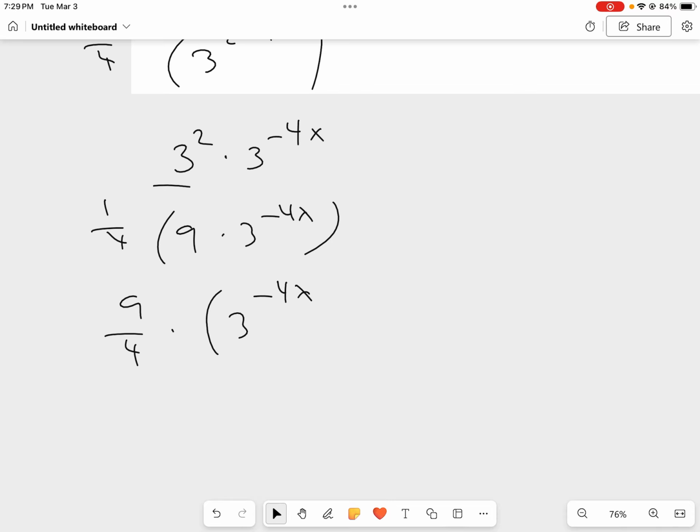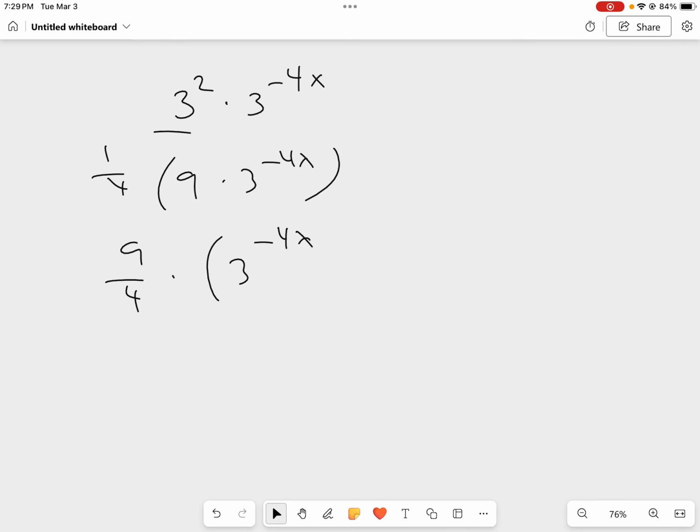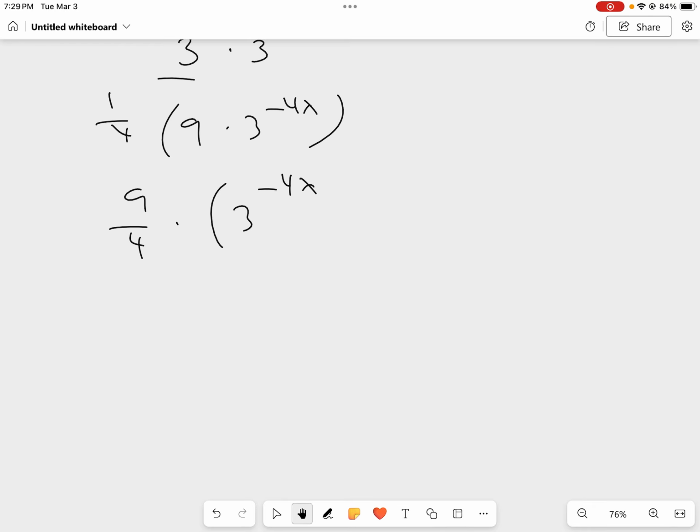Well, 3 to the negative 4 times x is just the same as 3 to the negative 4, to the power of x. Boom. You see that? And then we know that 3 to negative 4 is just 1 over 3 to the power of 4, and that's what? 27 times 3 is 81... can't do math.